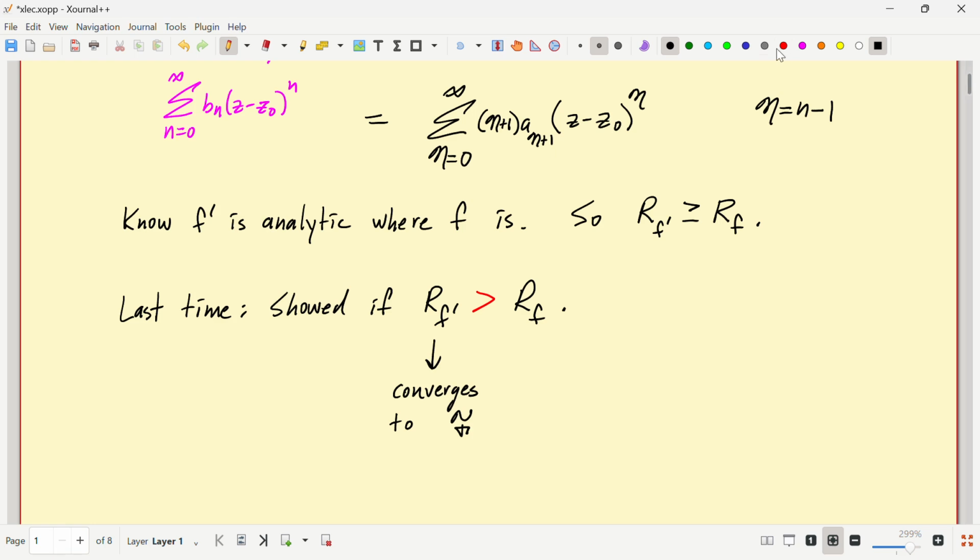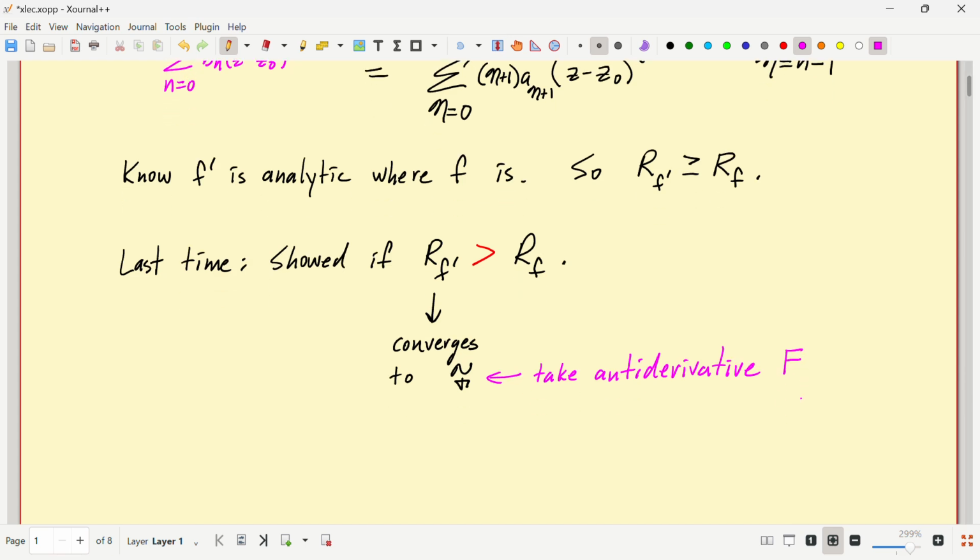So the trick was take an antiderivative. Did I call it capital F? I got too many F's here. Take antiderivative f, and you see that capital F equals little f on the smaller disk, on the r sub f disk.